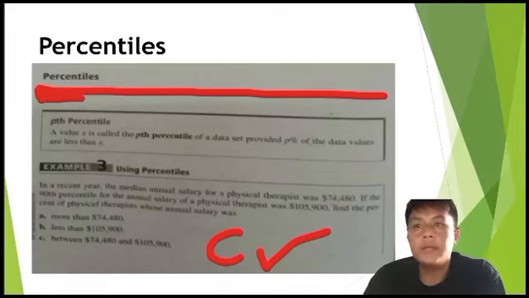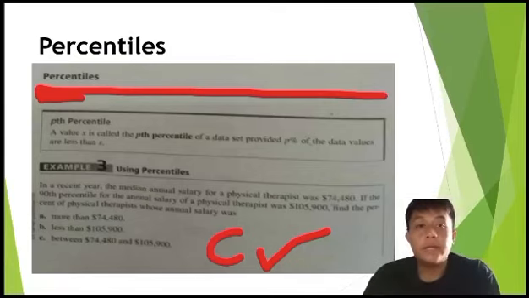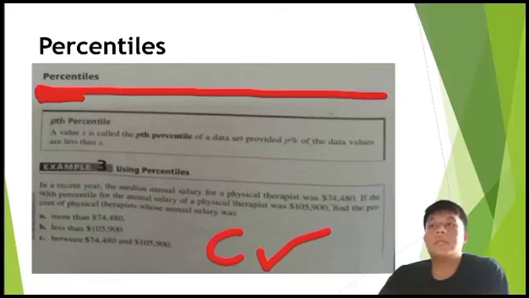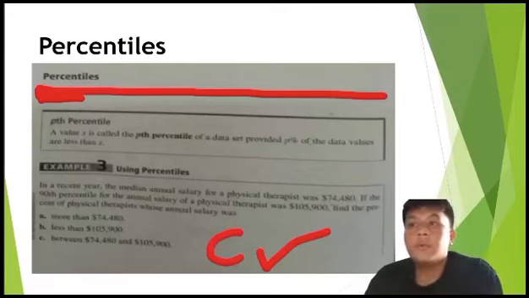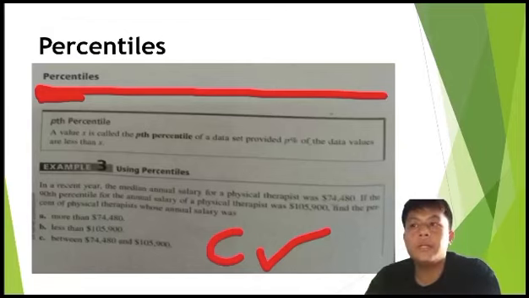And if the 90th percentile for the annual salary of physical therapists was 105,900 peso, find the percent of physical therapists whose annual salary A is more than 74,480, B is less than 105,900, and C naman is between 74,480 and 105,900.